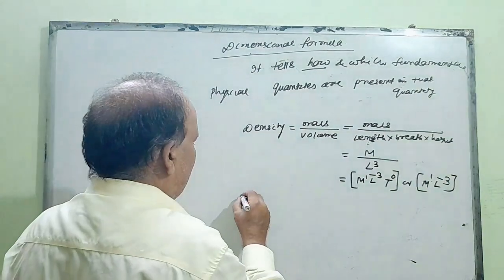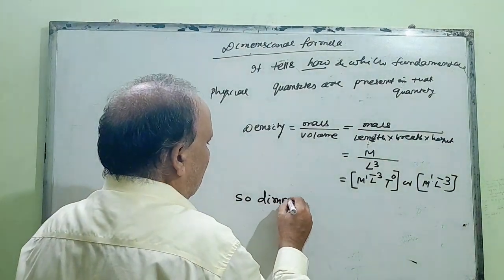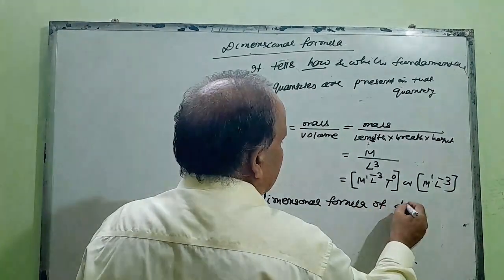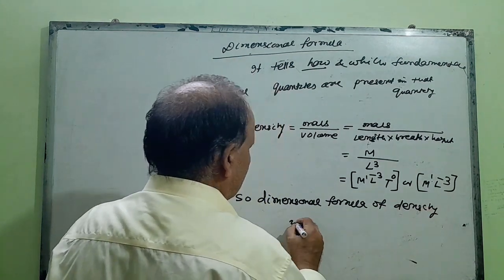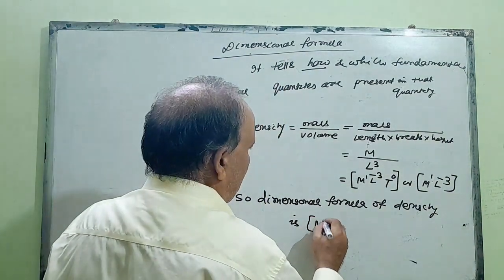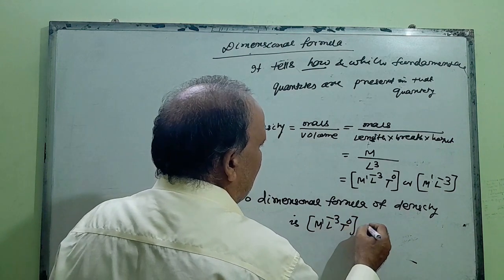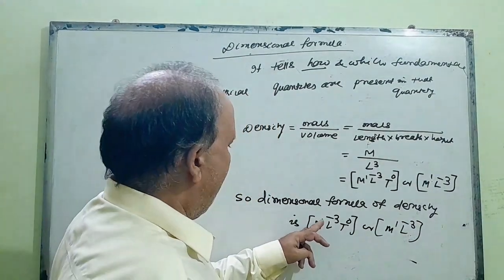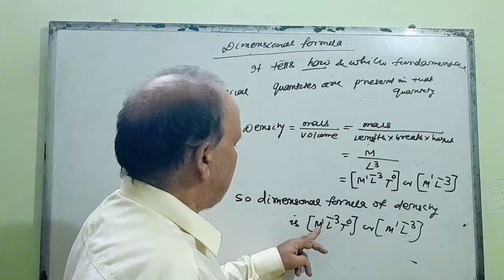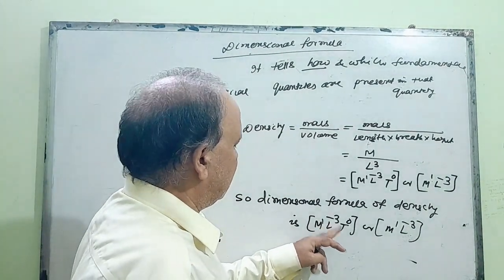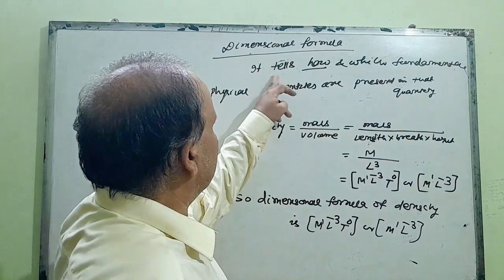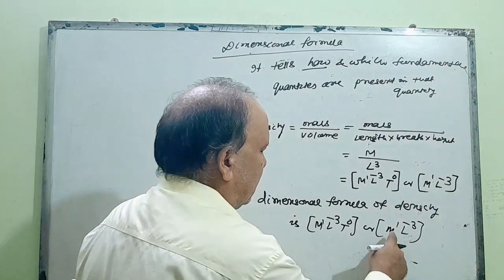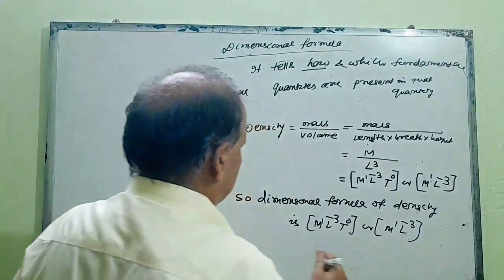So, dimensional formula of a density is M^1 L^-3 T^0, or we can write M^1 L^-3. How means M is in 1, which means mass. Mass is in 1 time, L is in minus 3 times, and time is 0 time. So it tells how and which fundamental quantity. This is the dimensional formula of a density.